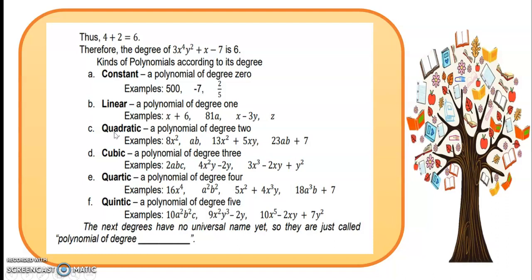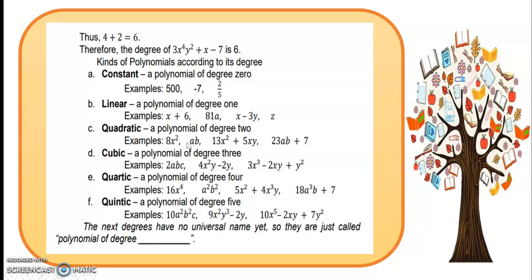Next, quadratic. So, a polynomial of degree 2. So, here 8x squared, ab. So, ab, even if together, is considered as one term, 1 plus 1, 2. Here, we don't count terms, they are separated by minus sign. So, each term is 1, 1.